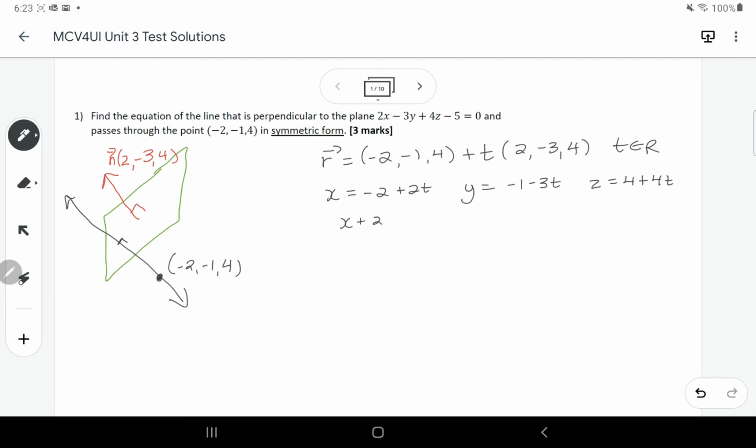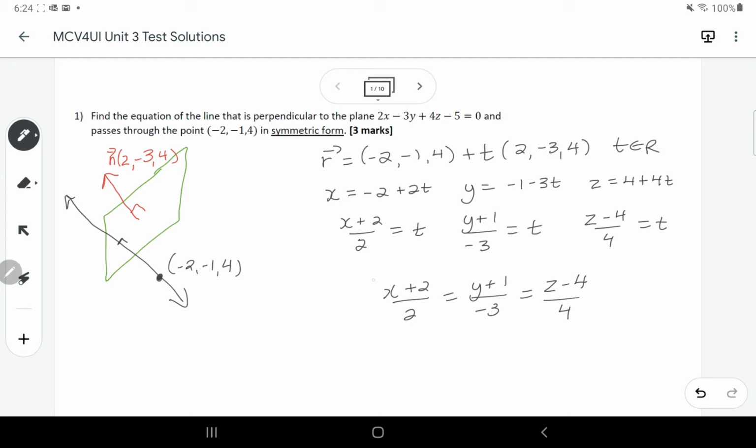So (x + 2)/2 equals t, and (y + 1)/-3 equals t, and (z - 4)/4 equals t. And then we would just set all of these equal to each other. So the symmetric form is (x + 2)/2 = (y + 1)/-3 = (z - 4)/4. And that's my solution for that one.